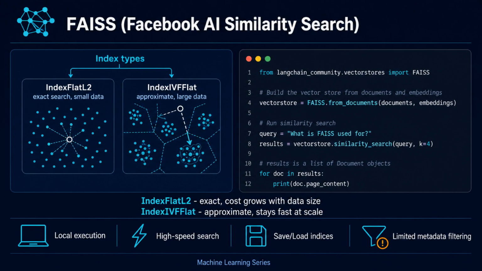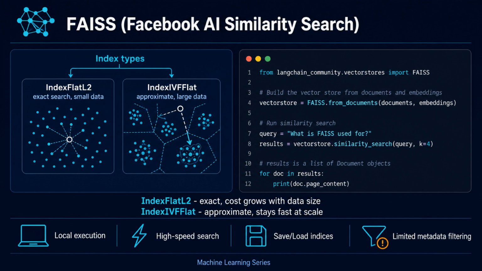FAISS, developed by Facebook AI Research, is a library for efficient similarity search. It runs locally without requiring external services. FAISS offers multiple index types. IndexFlatL2 performs exact brute force search, ideal for small datasets. IndexIVFFlat uses clustering for approximate search, enabling faster queries on large datasets at the cost of some accuracy.